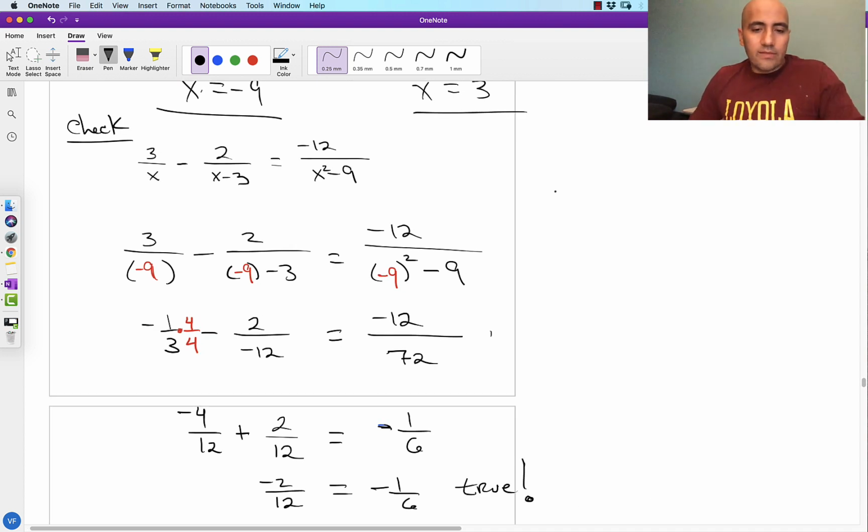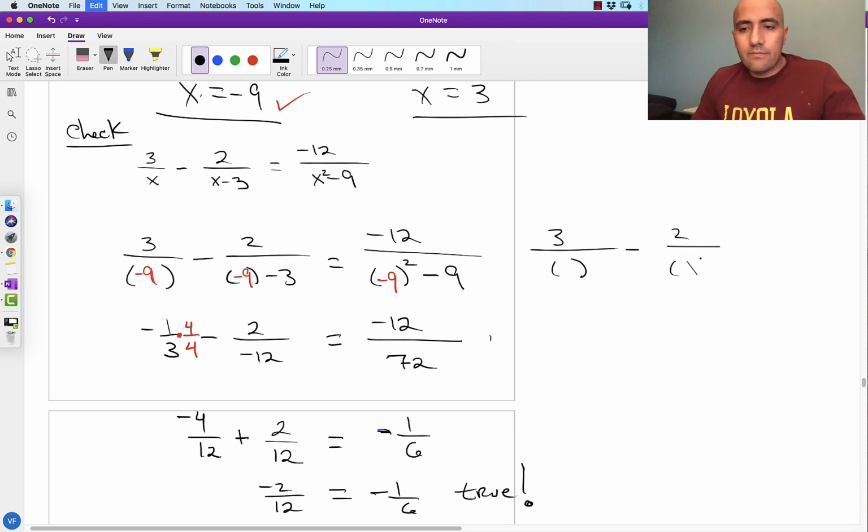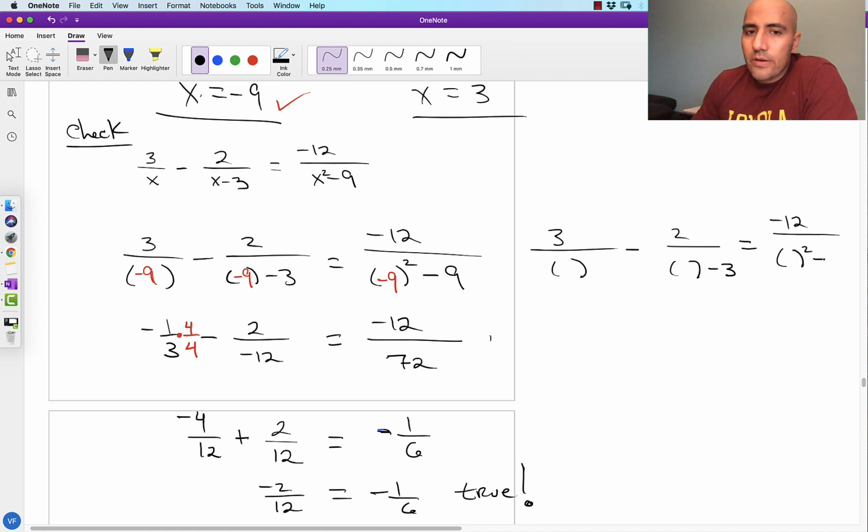Okay, and then what about the other one? We've established that this one's a true one. But what about the other one? So we have 3 over blank minus 2 over blank minus 3 equals negative 12 over blank squared minus 9. And so here we have a 3 that's going to reduce to 1. And here we're going to have a 3 that reduces to 0.